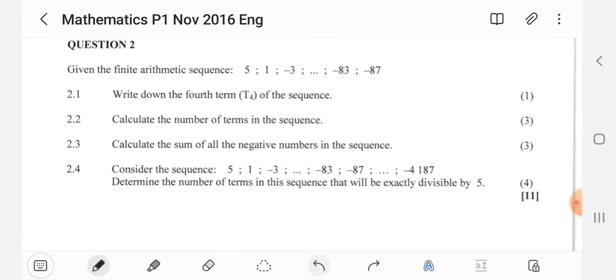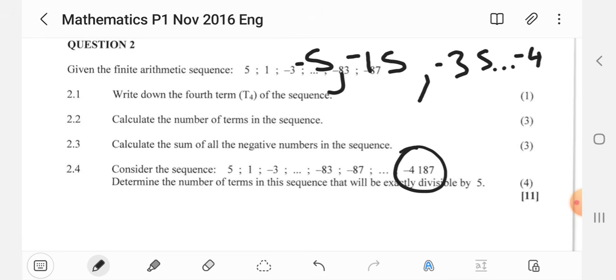So meaning we're going to have 15. So we'll have 5, 15. In this sequence we will have 35. So those are negative until here, negative 4187. So we need to determine the number of terms in this sequence that will be equal to that.